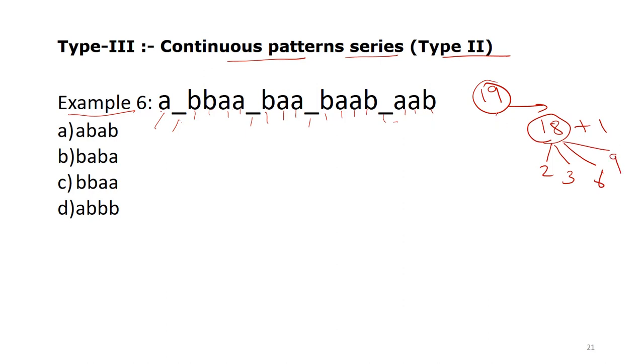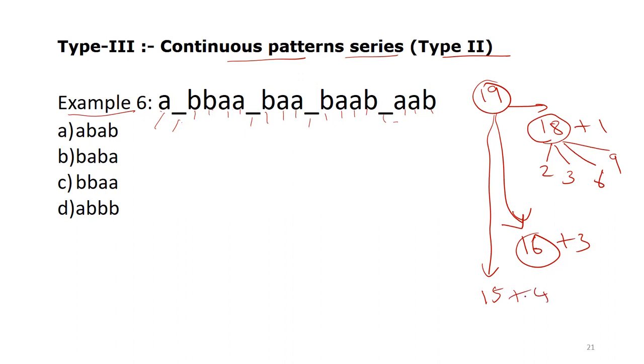If this doesn't work, then go for the other category, that is 16 plus 3. If it still doesn't work, then go for 15 plus 4. The last terms I'm keeping aside, and this will go on till you get the answer.